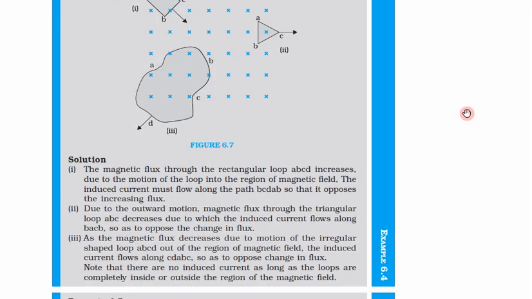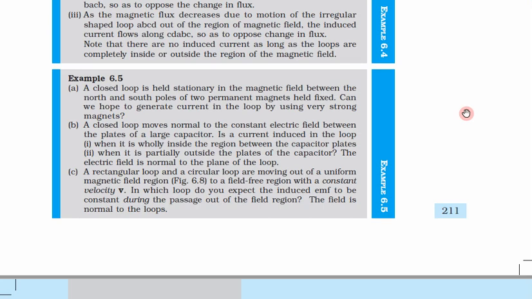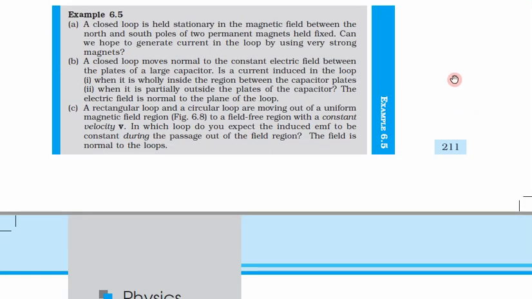Now let us go to the next example. The next example is 6.5. The first part is, a closed loop is held stationary in the magnetic field between north and south poles of two permanent magnets held fixed. Can we hope to generate current in the loop by using a very strong magnet?